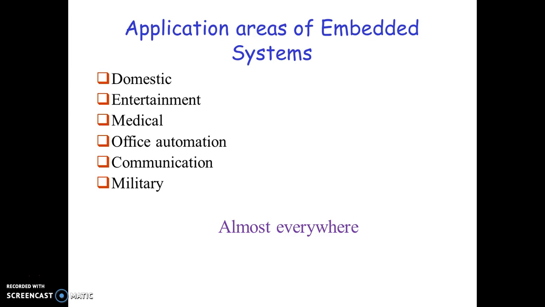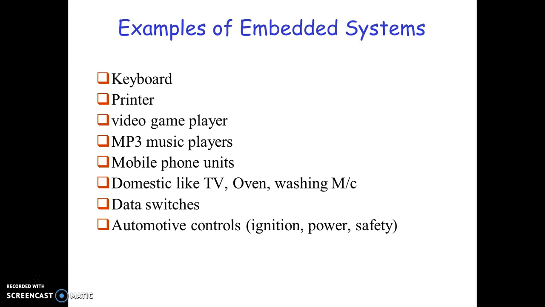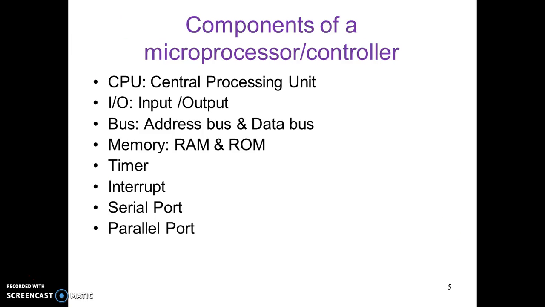The whole market is overflowing with embedded system products, like keyboard, printer, computer, video game, MP3 players, iPods, mobile phone units, set-top boxes, TV, oven, washing machines, data switches, hubs, automotive controls, ignition, power supplies. You name it and you will have an embedded system inside.